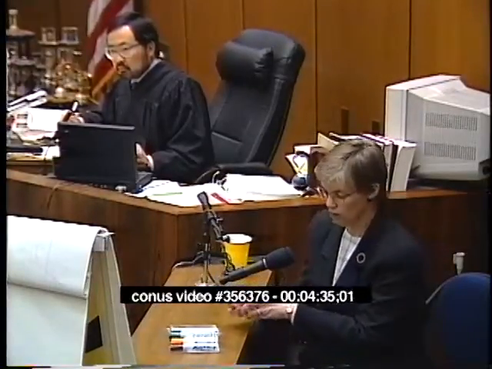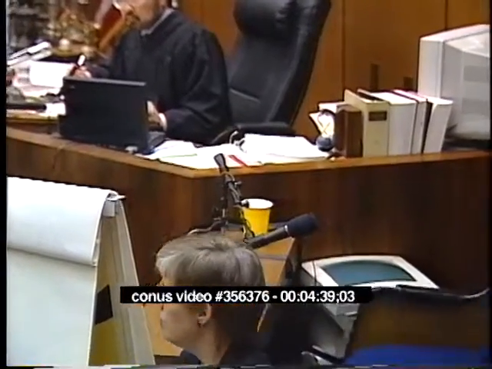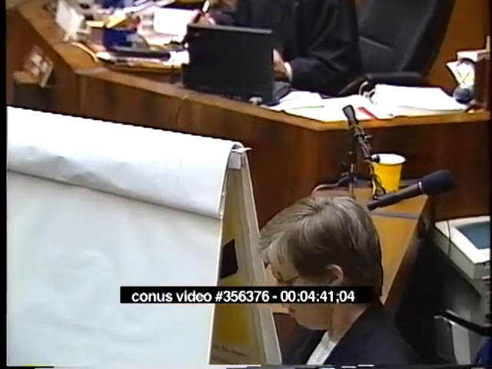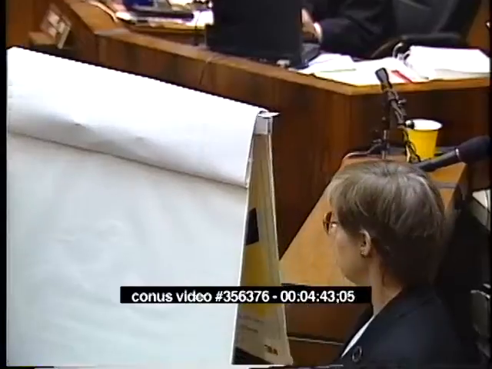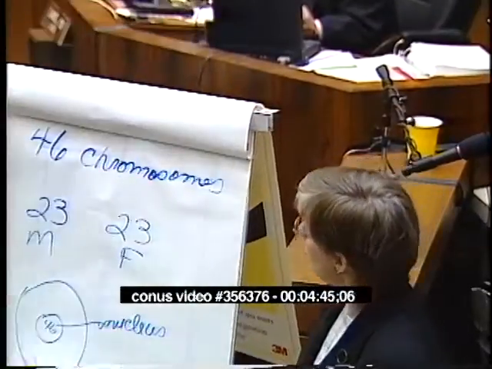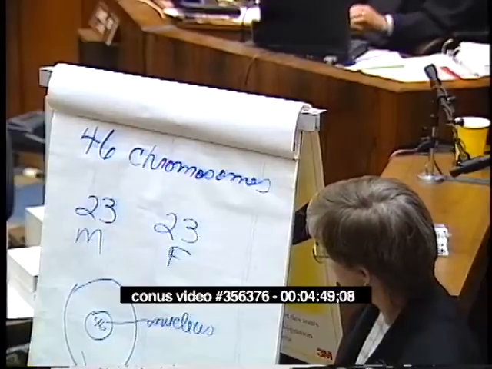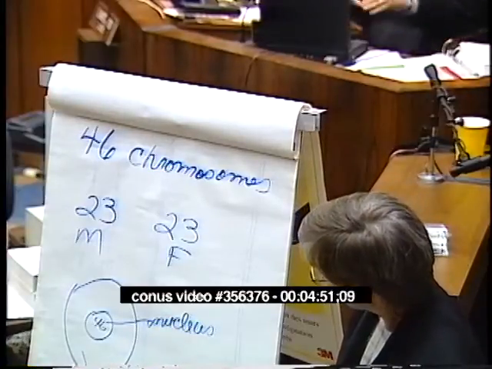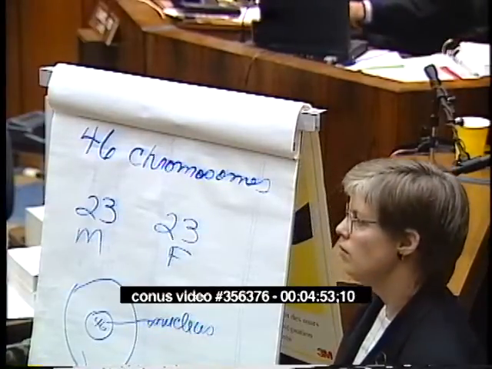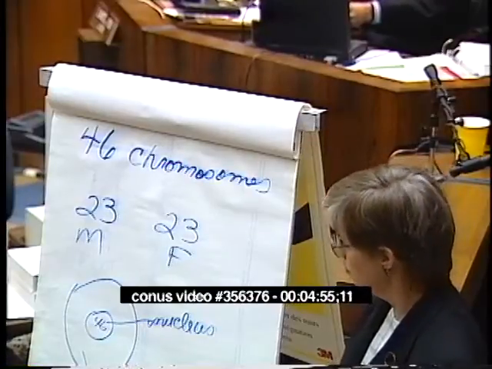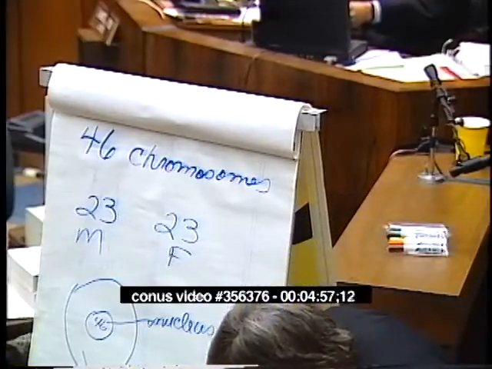Thank you. In fact, Dr. Cotton, before we do that, could we go back and perhaps if you could step down? I'm going to ask you to put just very brief titles on the previous exhibits, the previous drawings. Perhaps we could start with the 46 chromosomes chart that I believe is People's Exhibit 235.